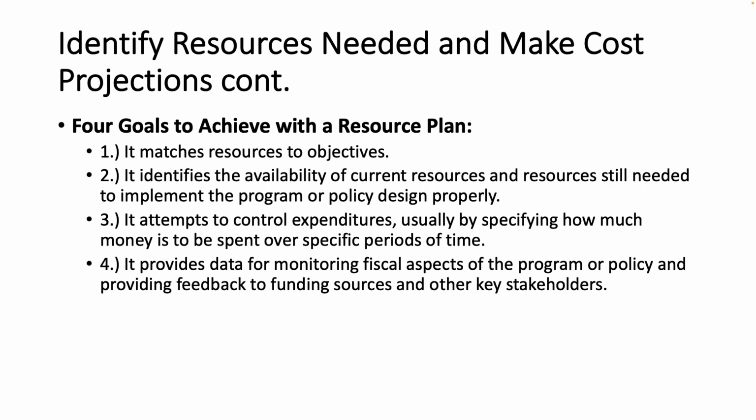So it forces us to impose really a test of feasibility. So either resources must rise to the level that are needed to achieve the stated objectives of the program or the policy, or the objectives have to be downscaled to match the level of resources available. In all honesty, although that's not the most ideal, that's usually the most logical outcome there, that you're going to have to lower kind of your standards to match the resources that are available.